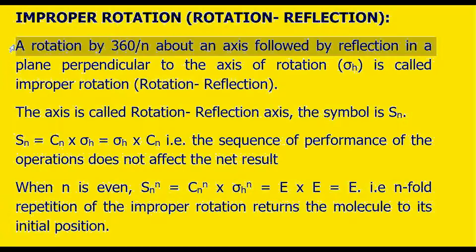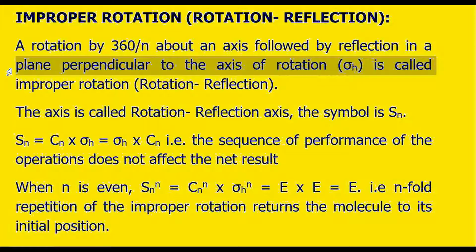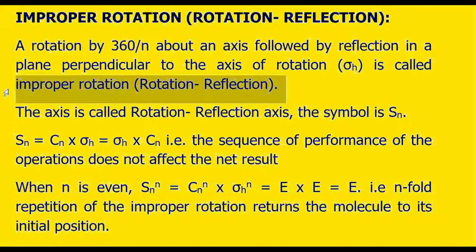So, a rotation by 360 upon n degrees about an axis, which is followed by a reflection in a plane which is perpendicular to the axis of rotation, that is sigma h, is called improper rotation or rotation reflection.